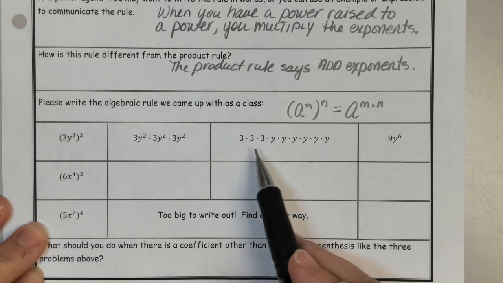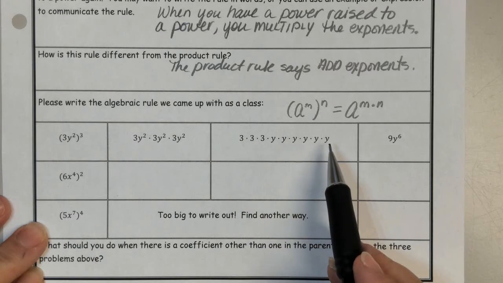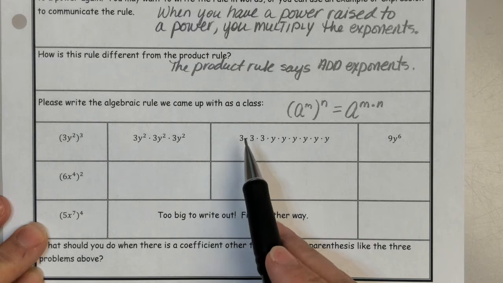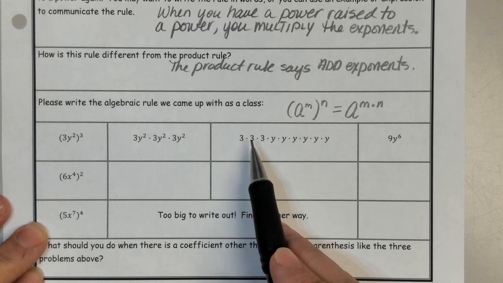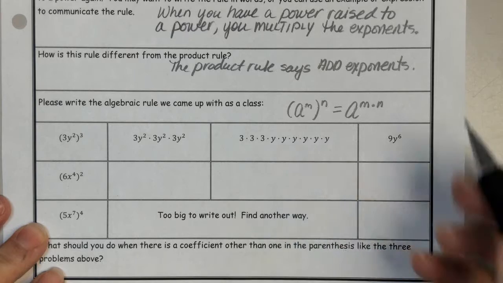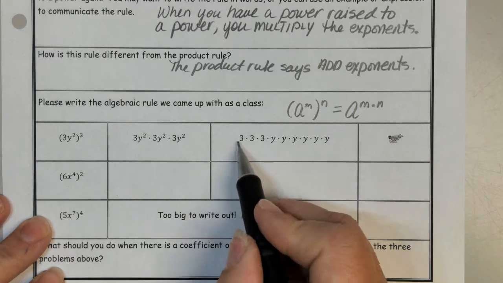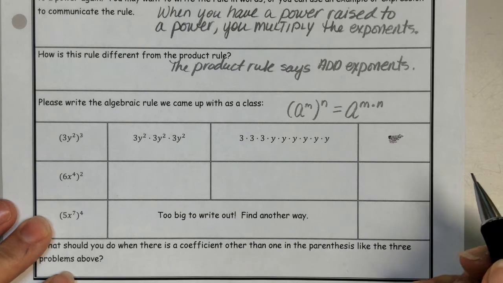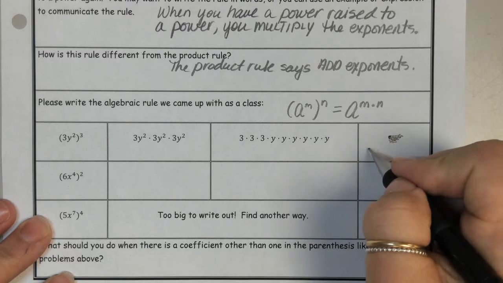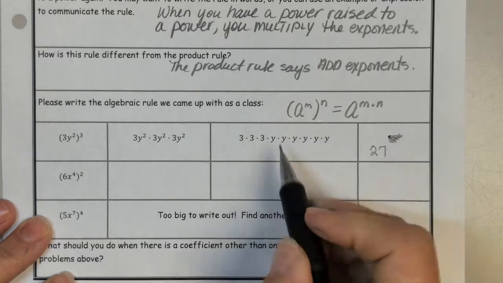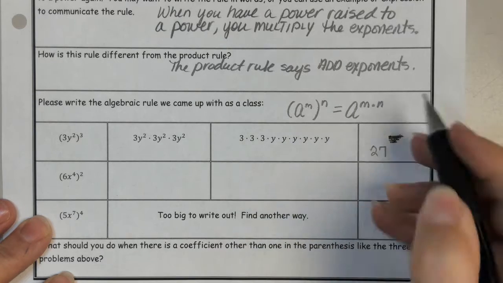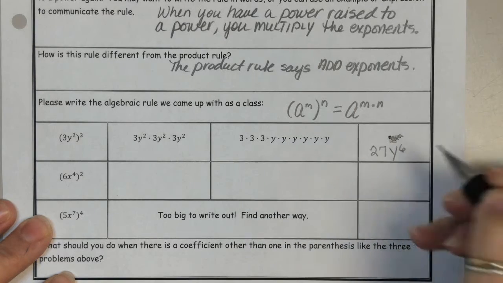Then it really helps if you group the numbers together and the variables together, because you can count 3 times 3 times 3. 3 times 3 times 3 is going to be 27. And then 1, 2, 3, 4, 5, 6. So y to the 6th power.